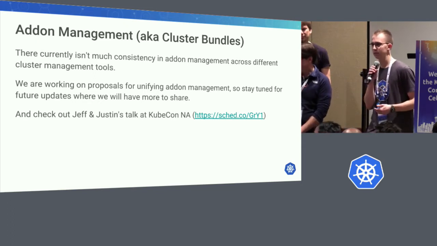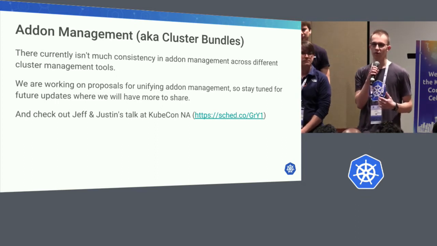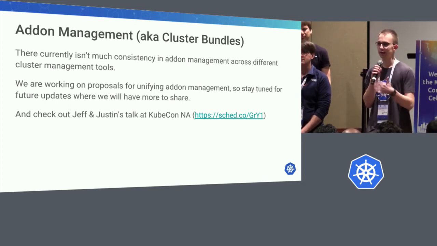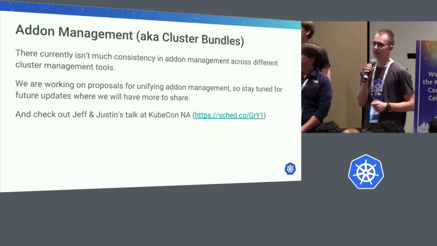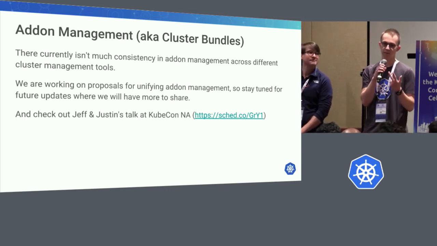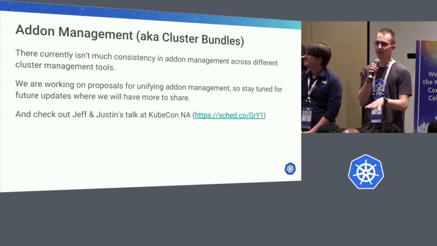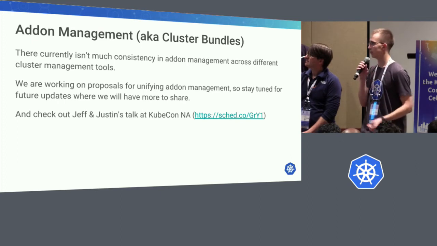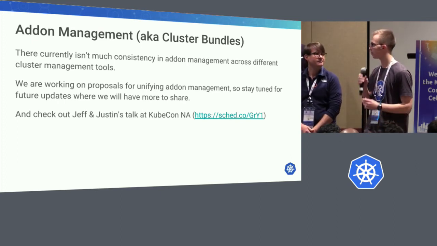I now need this new CNI provider or this new CSI thing or the next metric server version, things like that. And also having some consistency between COPS, Kubespray, Minikube, KubeADM, all the tools in the ecosystem have a lightweight spec of how to do stuff with regards to things on top of Kubernetes.